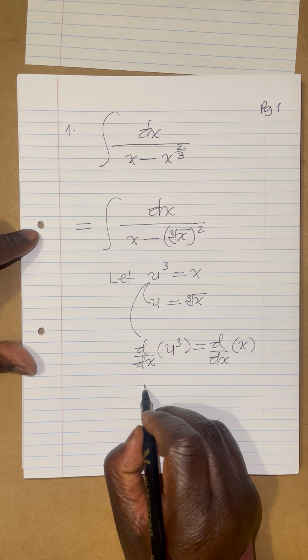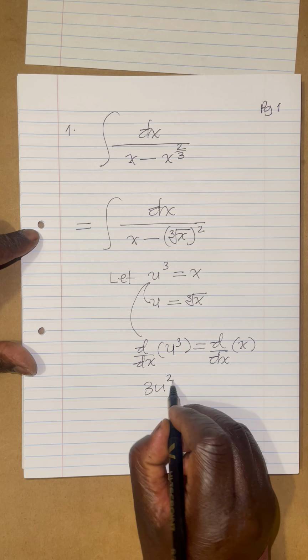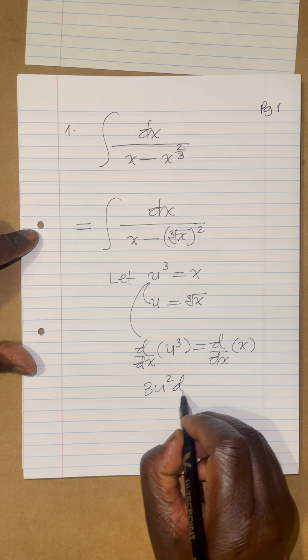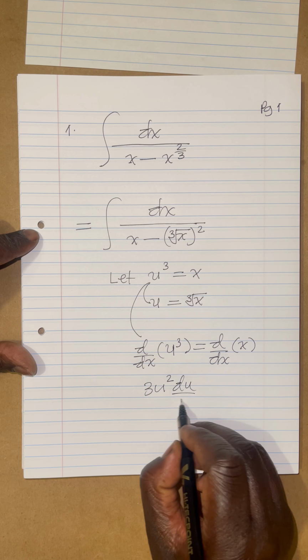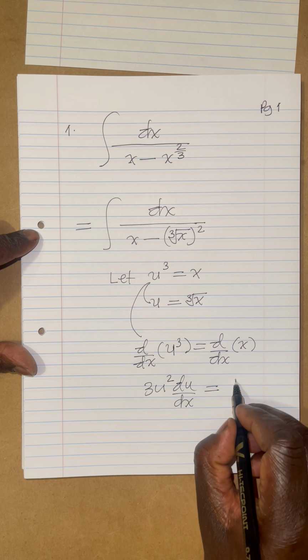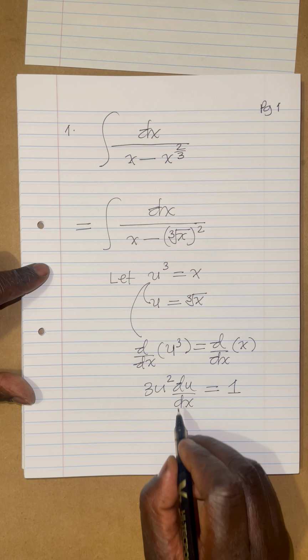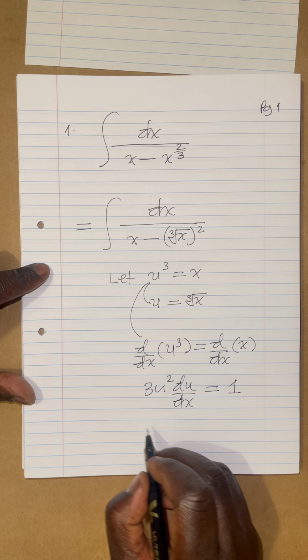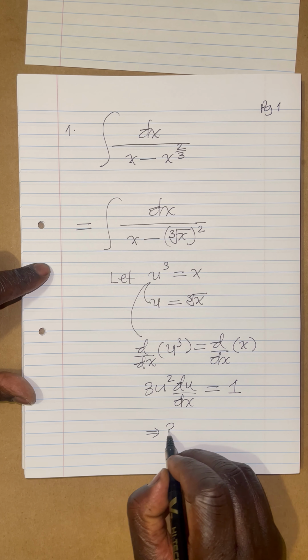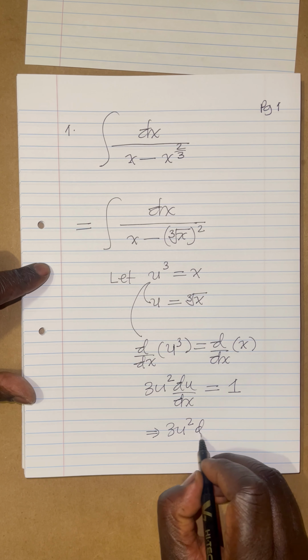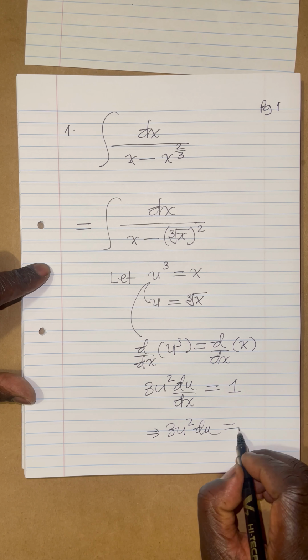So it's going to be 3 u to the power 2, power rule there, and then we're going to say du dx. This will be equal to 1. Derivative of x with respect to x is 1. Multiply by dx both sides. You'll agree with me that what we get is 3u squared du, and that will be equal to dx.